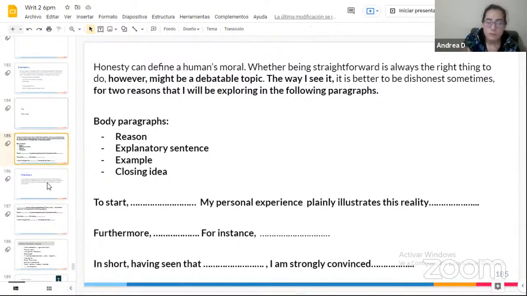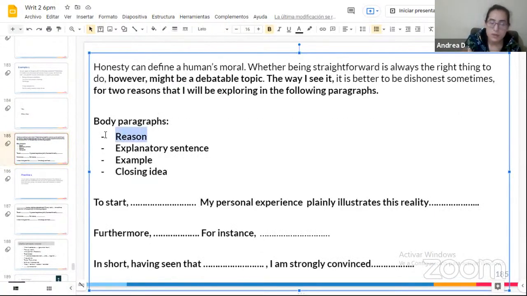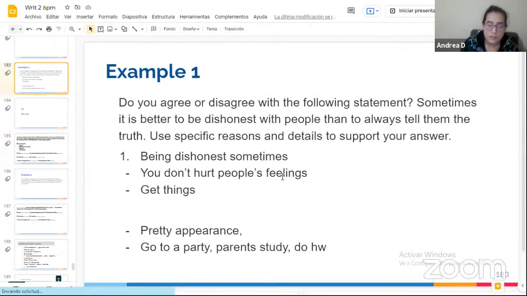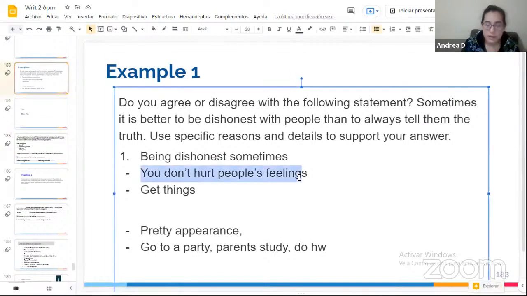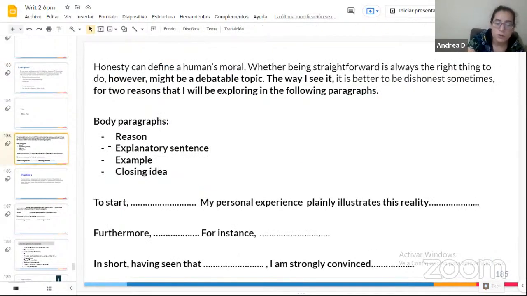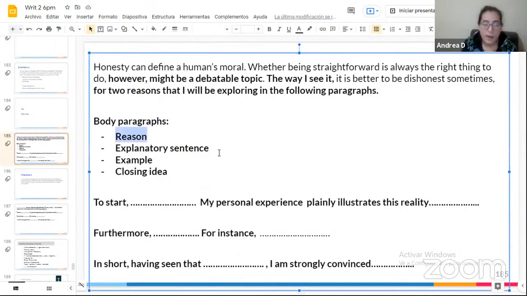So you can explain your reason. For example, by being dishonest, sometimes you may help avoid hurting other people's feelings. So that's your reason. Then you can explain it a bit more. Here you can tell me why or how you do that.